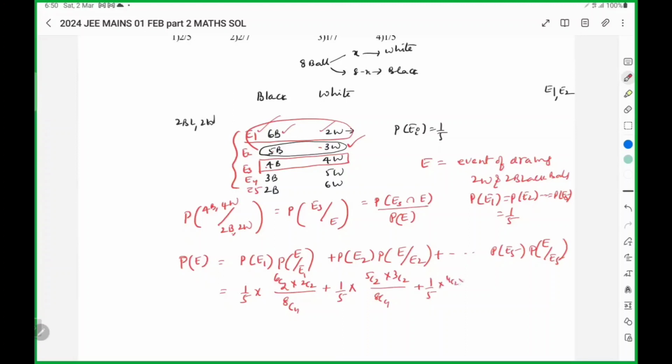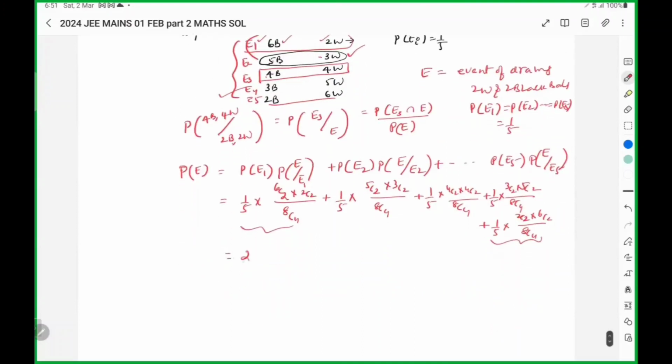Second case, 4C2 into 4C2 by 8C4, 1 by 5. Fourth case, that is 3C2 into 5C2. Fifth case, here in this case, 2C2 into 6C2. These two are same. I will write 2 by 5. 6C2 is 6 into 5 by 2, 15. 2C2 by 8C4. So this and this are same.